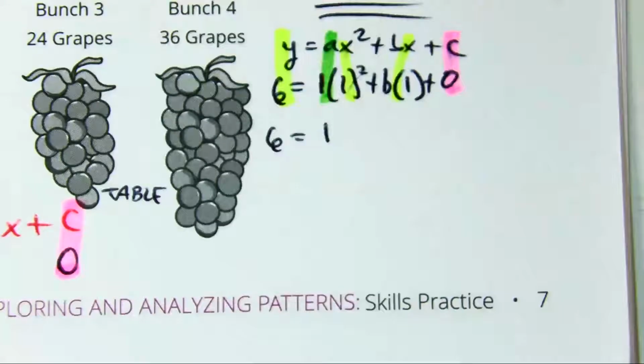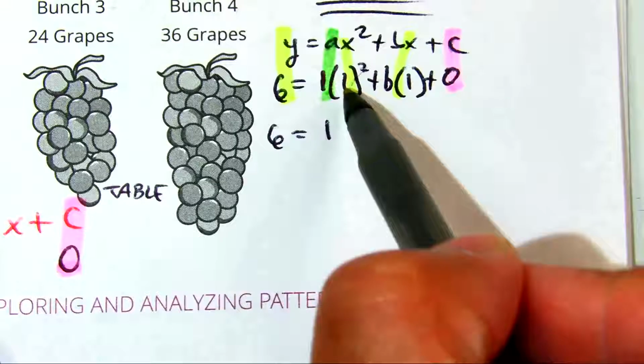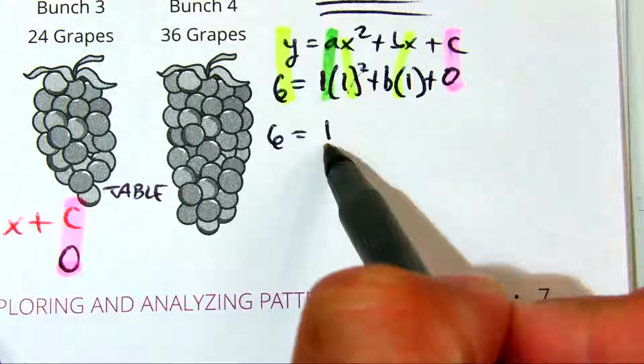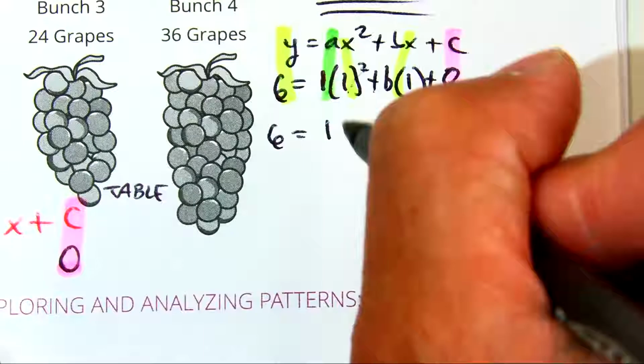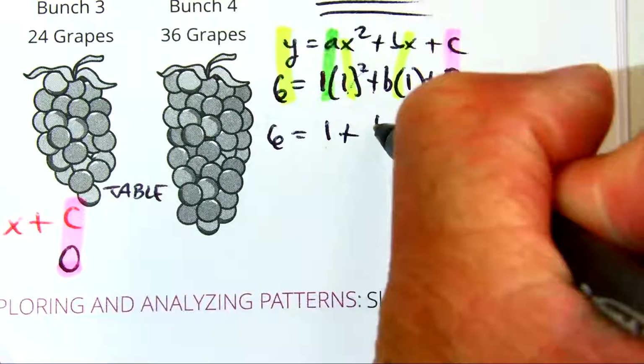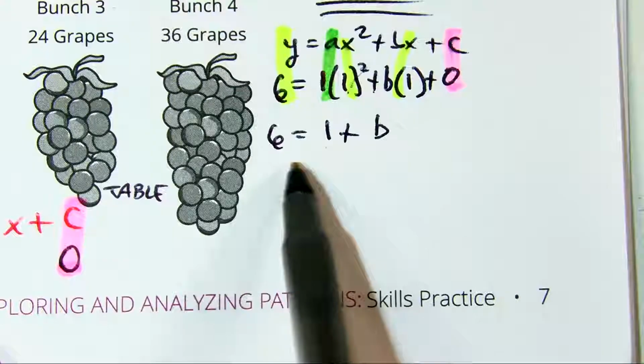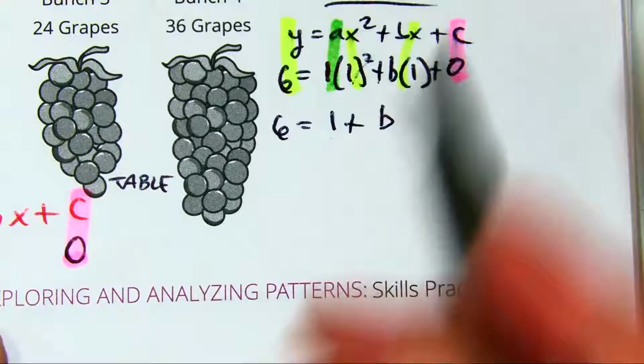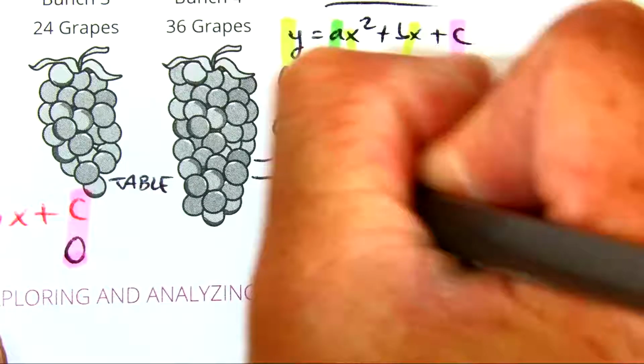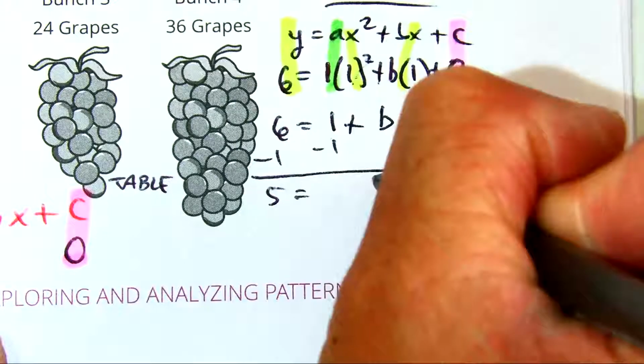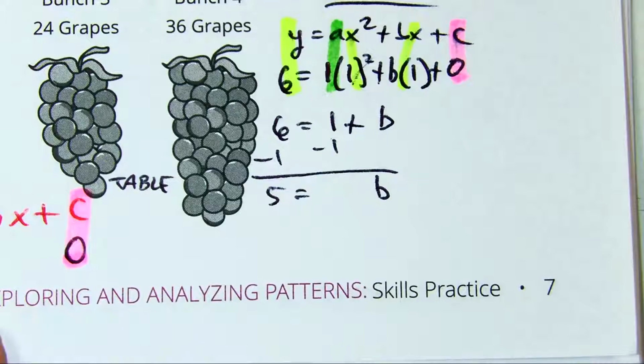And 1 times 1 is? 1. One squared is 1. 1 times 1 is 1. B times 1 is just B. And you have the 0. And then how do you solve for B here? Subtract 1. And our B value is equal to 5.